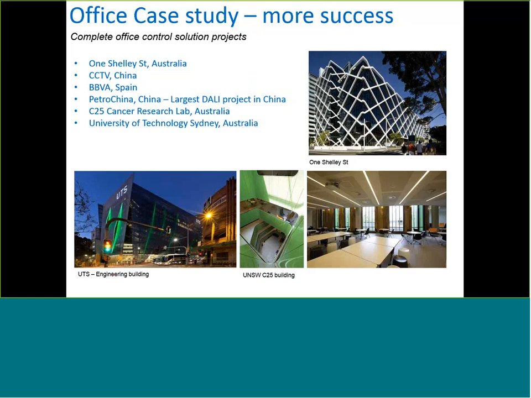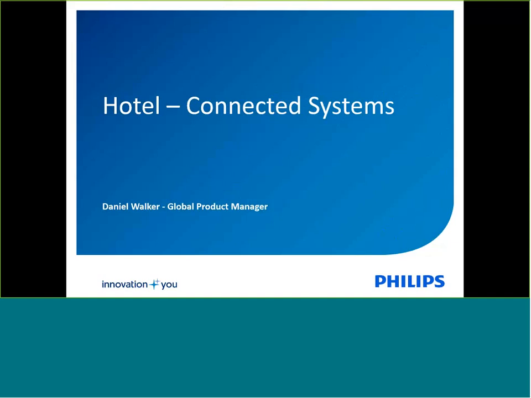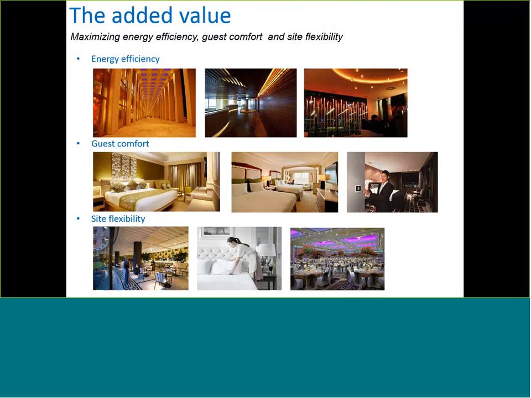For hotels, it is a very different market, but achieving very similar requirements. Dynalite has had a long history and strength in hotels, and so we have some really good features and examples about how we can add value into a hotel system. We see primarily, again, people are looking for energy efficiency, but added to this segment is guest comfort.